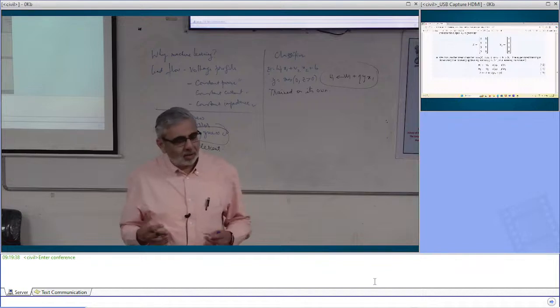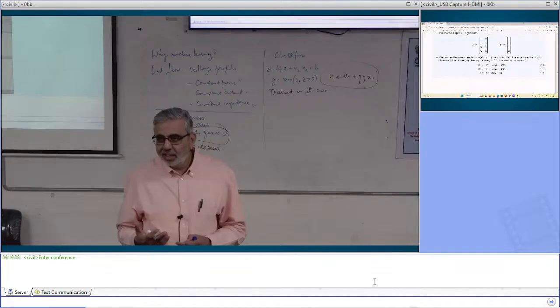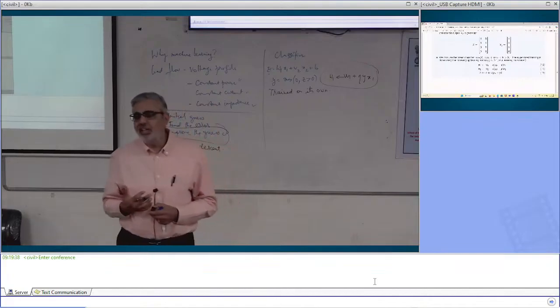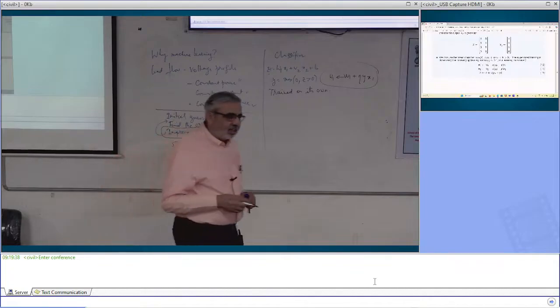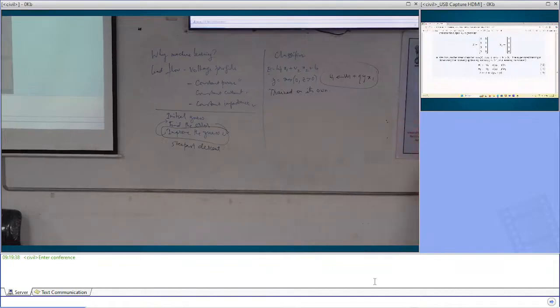Roti, dal, you can't go to the dining hall and say, oh, what is this, roti or dal? That is our working vocabulary, steepest descent. You can't say, oh, is this dal or sabzi; that you have to know, right? And that's about it. There is nothing else.